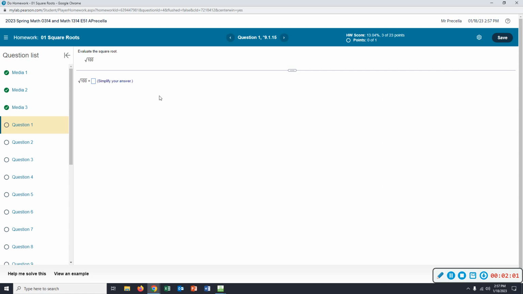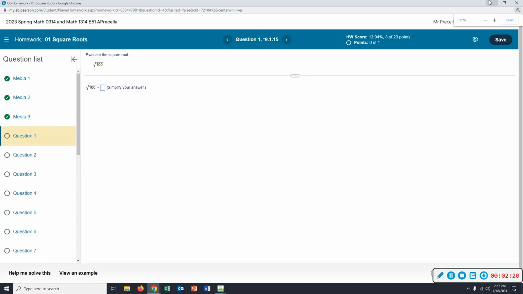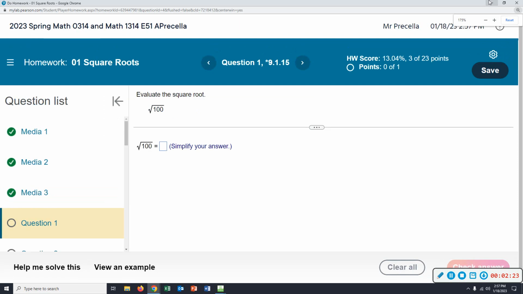How do I zoom this? Someone just text, what is it? Control Shift plus, does that do it? No. Maybe just Control, oh wait, that was Control. There. Okay, that looks better.